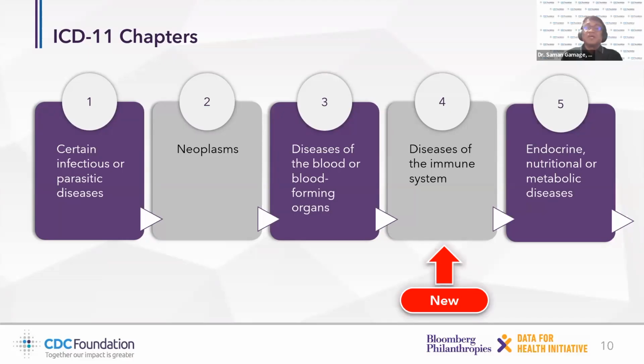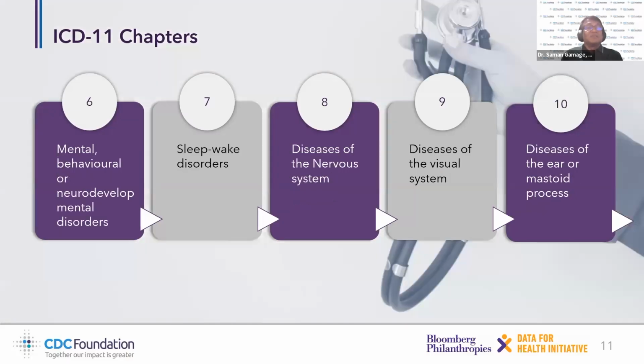Then chapter 5 covers endocrine, nutritional, or metabolic diseases. Then chapter 6, mental and behavioral disorders. Chapter 7 is a new addition to include sleep-wake disorders. Nervous system is chapter 8.